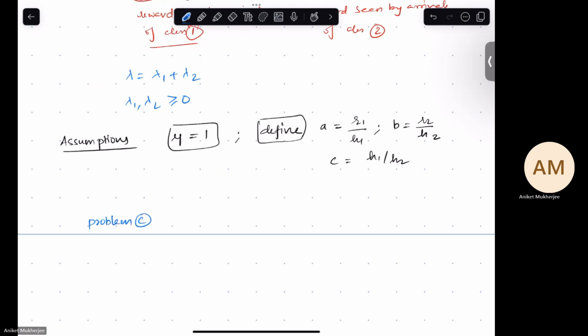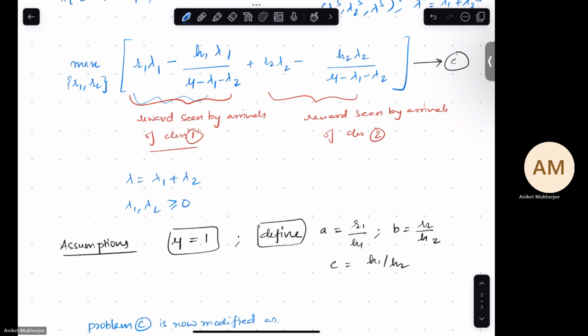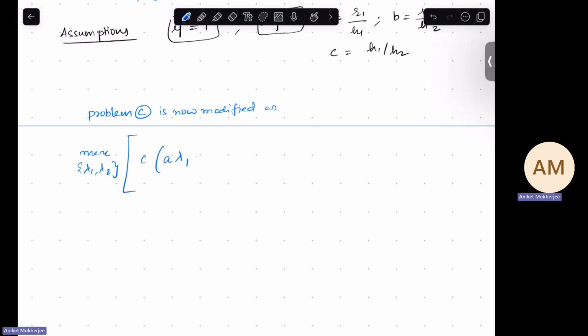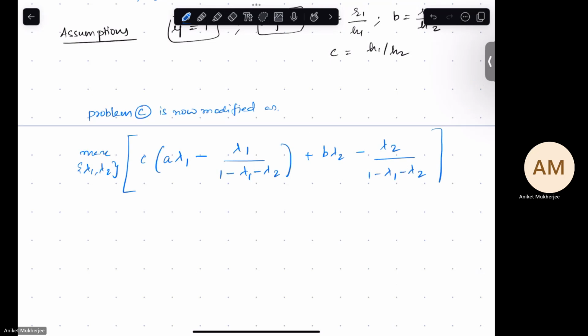Problem C is now modified as: max over lambda 1, lambda 2 of C into (A lambda 1 minus lambda 1 by 1 minus lambda 1 minus lambda 2) plus (B lambda 2 minus lambda 2 by 1 minus lambda 1 minus lambda 2).